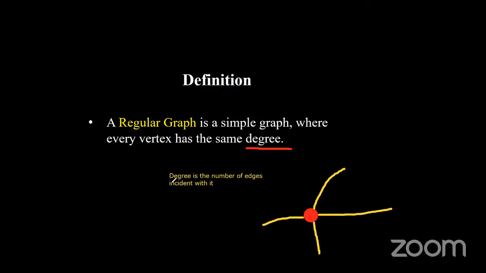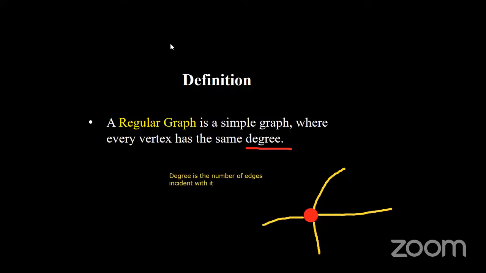Then the degree of this vertex is 1, 2, 3, 4. Yeah, so 1, 2, 3, 4. So all the edges going or coming incident with that vertex, that is the degree.